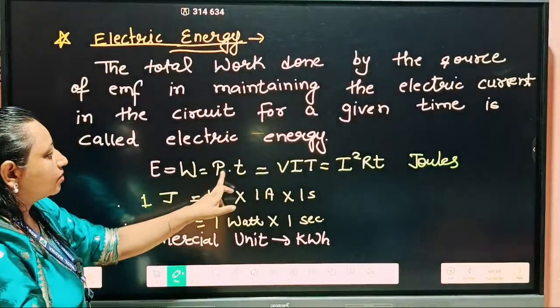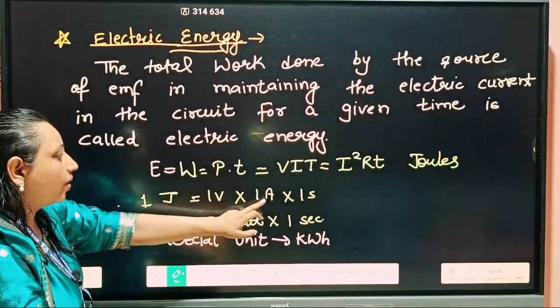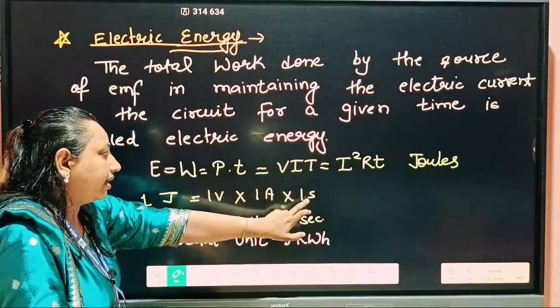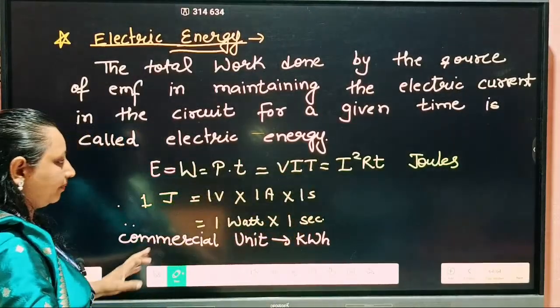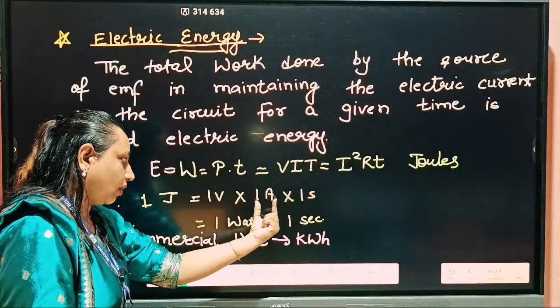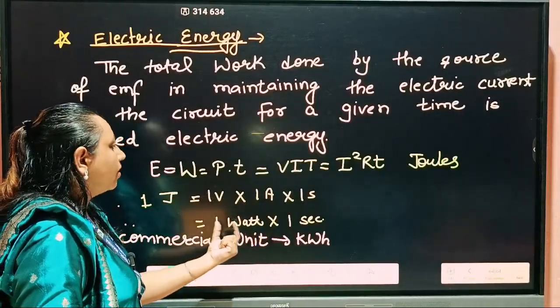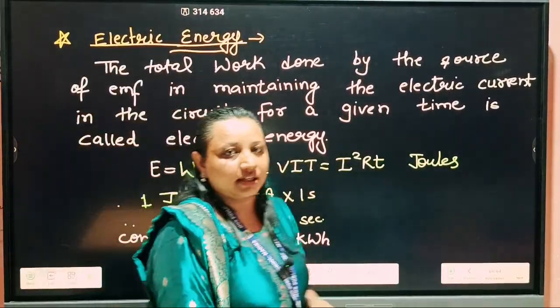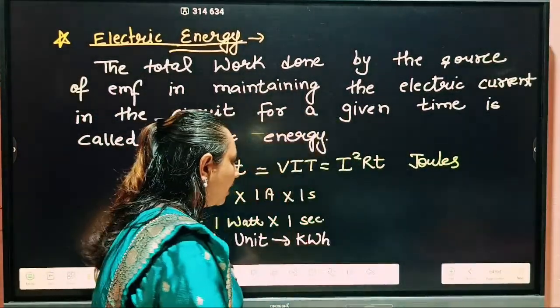So 1 joule is equal to 1 volt into 1 ampere into 1 second: 1 volt for potential difference, 1 ampere for current, and 1 second for time. We can also write, since V into I is power, 1 watt into 1 second. The commercial unit of electrical energy is kWh, kilowatt hour.